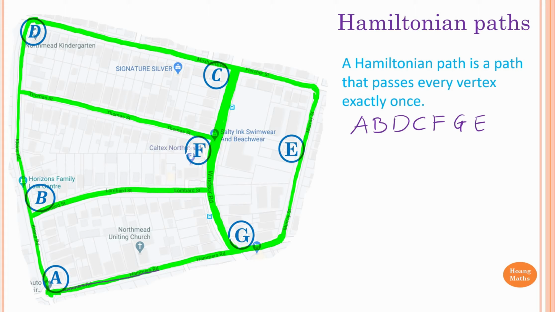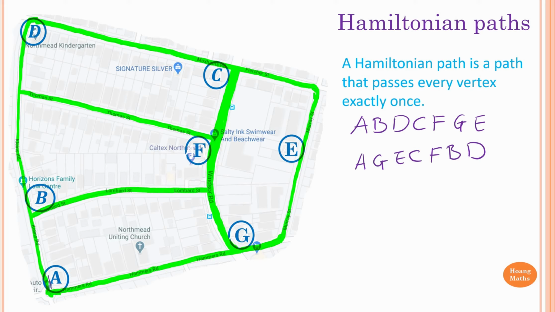I go along Hammers Road, visit G first, and then go visit E, and I turn here, visit C, visit F, and go down, visit B, and then go all the way and then visit D. So the path is I, G, E, C, F, B, and D.